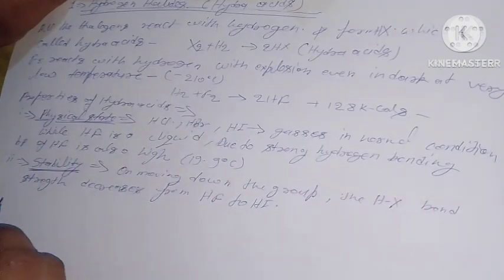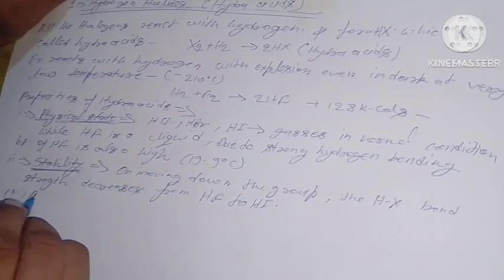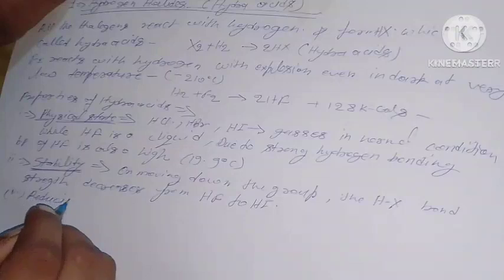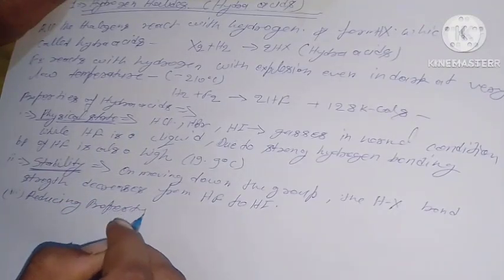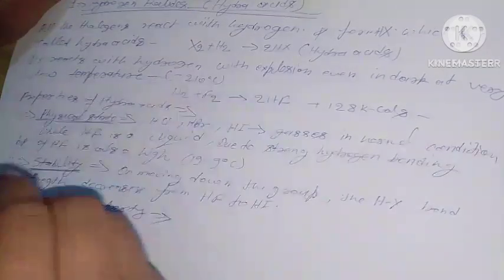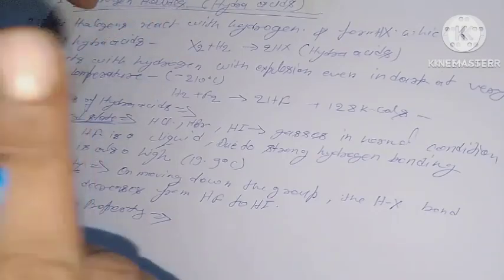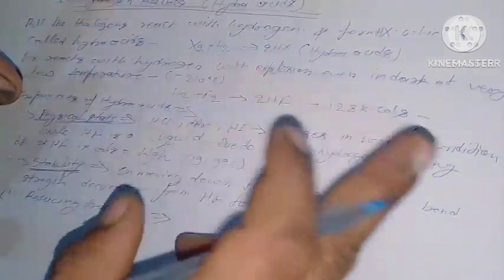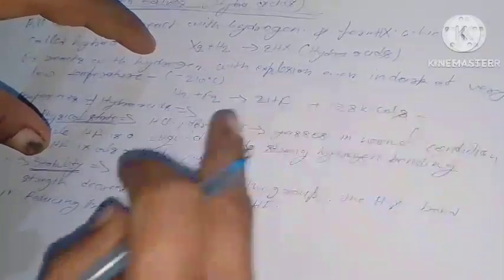Next point, reducing property. As radius size increases, the stability of the hydrogen halide bond decreases and reducing property increases in the same order.